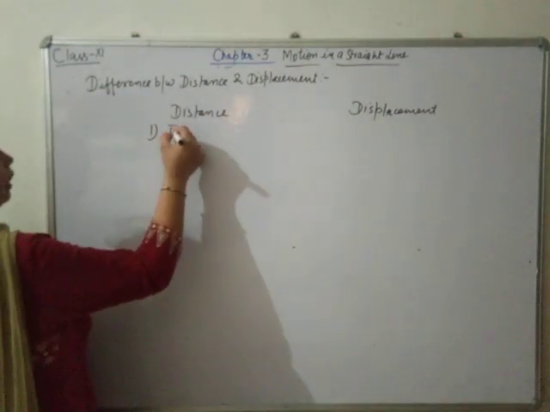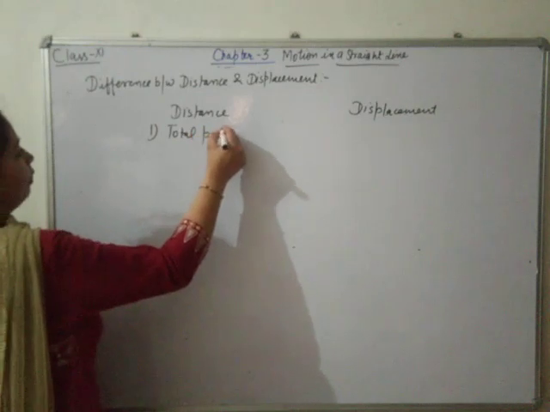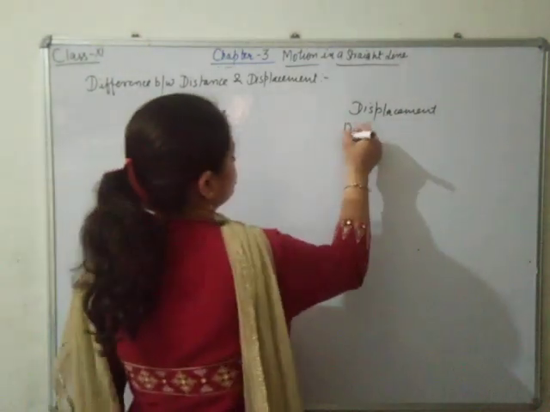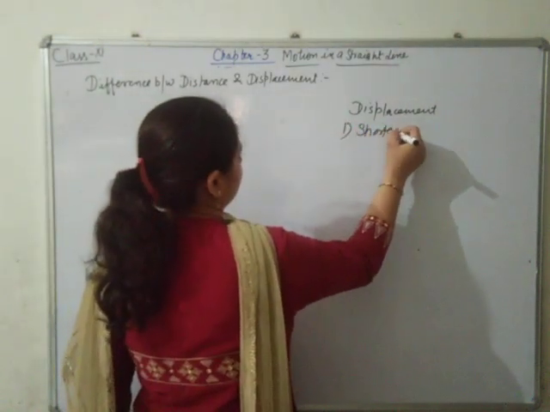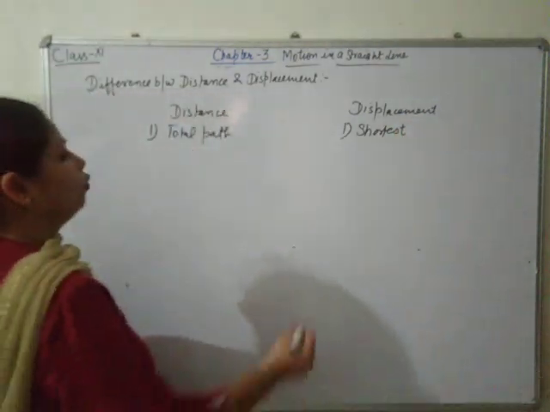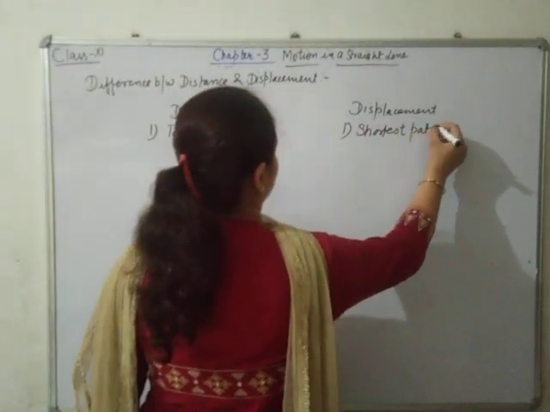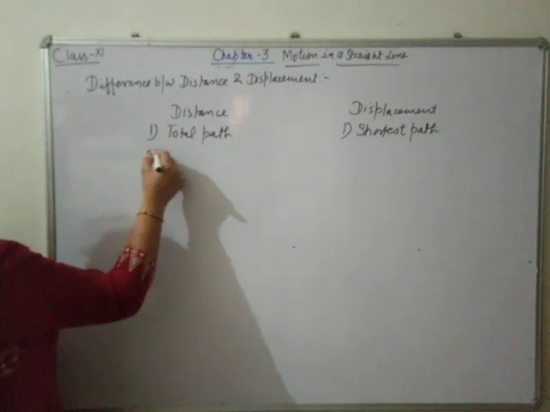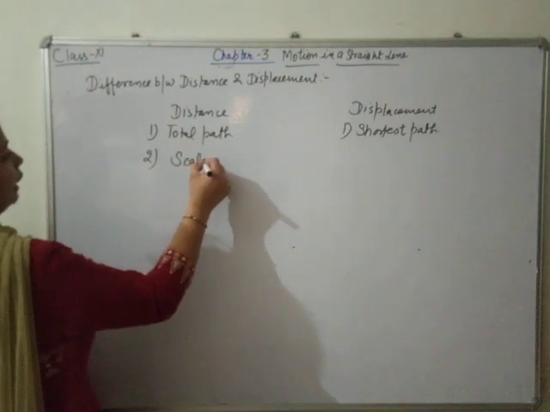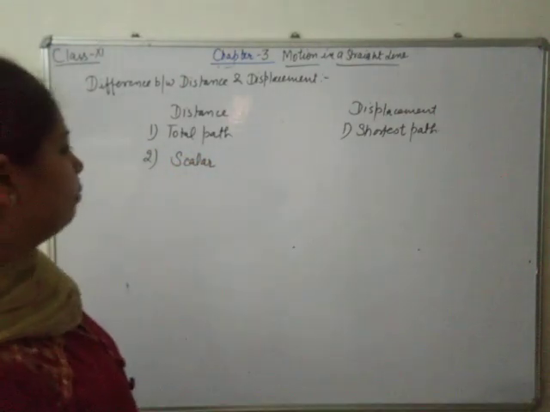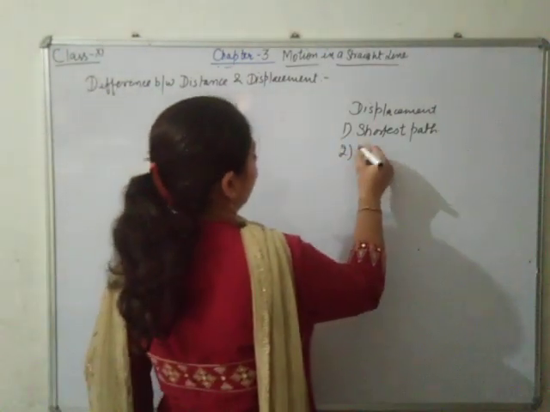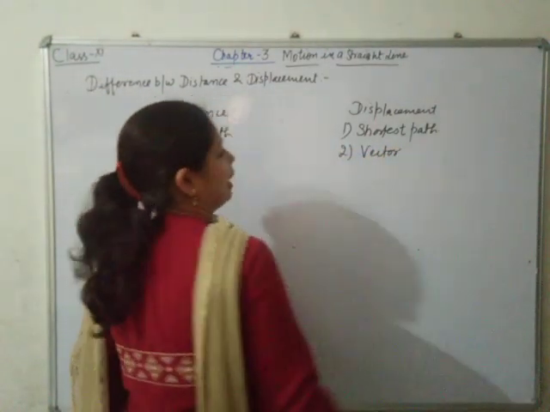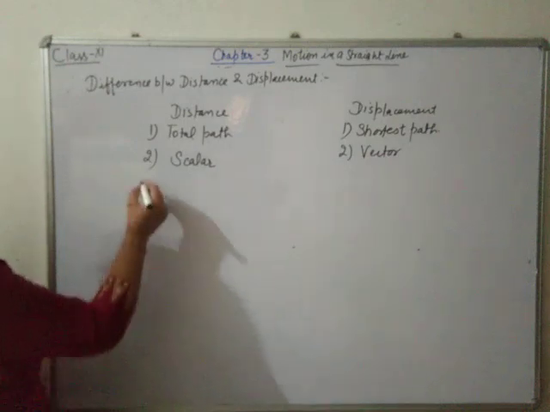Distance is the total path traveled. Displacement is the shortest path from initial to final. Distance is a scalar quantity, that is magnitude dependent, but displacement is a vector having both magnitude and direction.